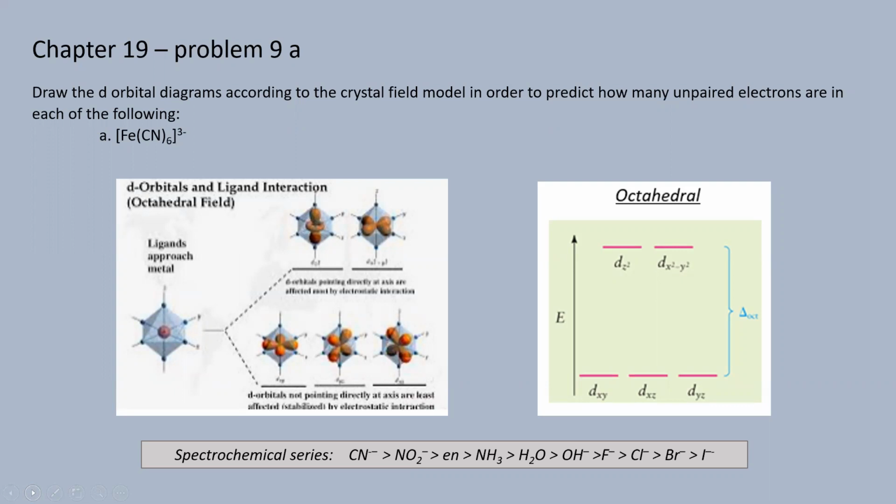The top two d orbitals, which is easier to see in the right graph, the z squared and the x squared minus y squared, are right up close to the ligands. If they're close to the ligands, that means they're going to have maximum repulsion. More repulsion means higher in energy.